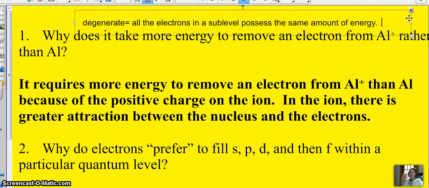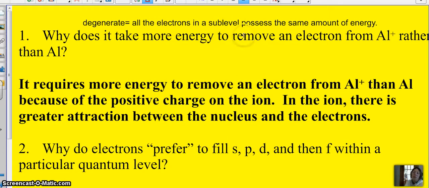Okay, so what that means is if I am, say, carbon, and I have 4 electrons in my p sublevel, they all have the same amount of energy. They are degenerate because all the electrons are in the 2p sublevel.